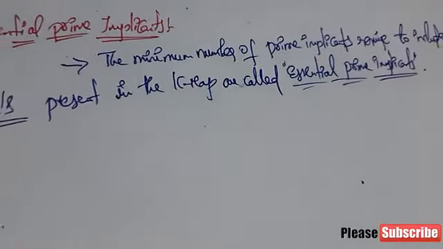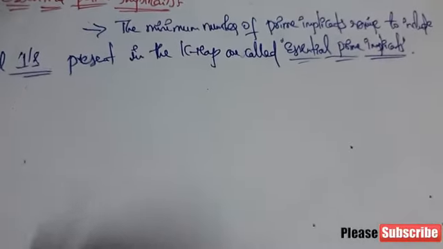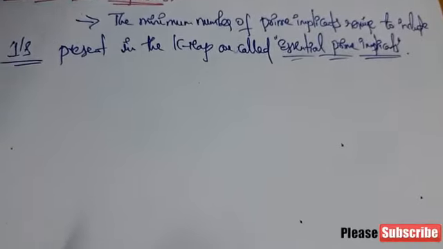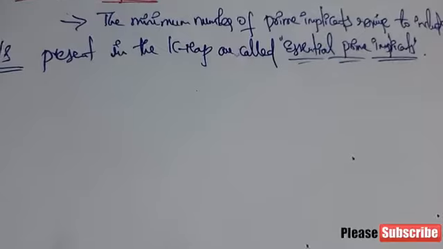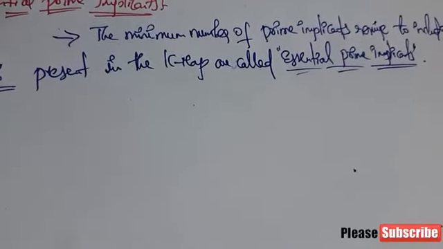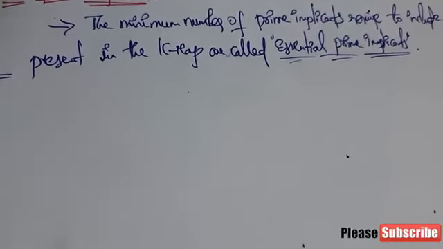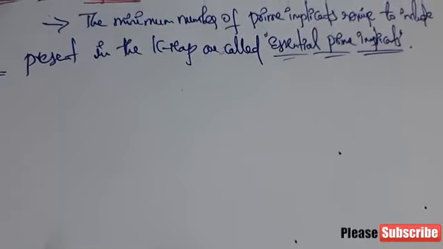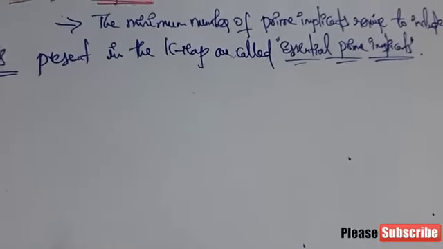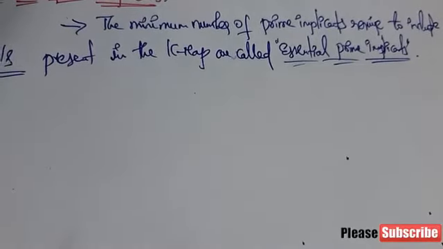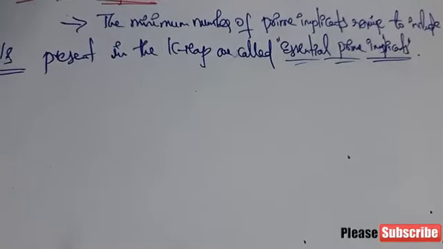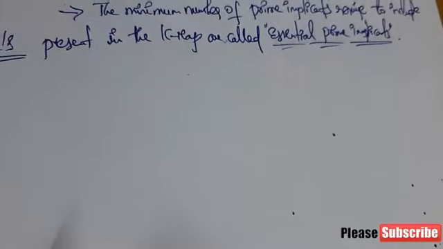Let's see a quick example for the essential prime implicant. Before that, many people get confused by one sort of problem in the K-map. First of all, I will rectify that problem, and next I will explain the essential prime implicants example. Let's see that example.